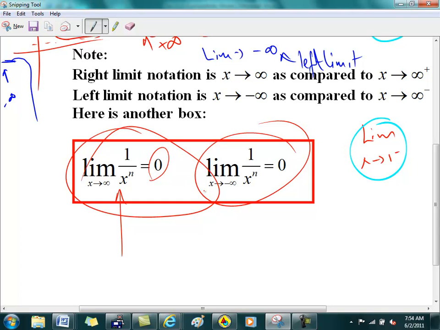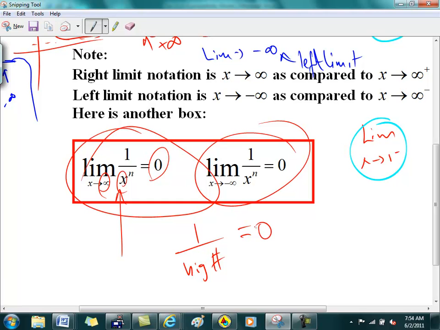Exactly. What he's saying is that if this number here, x, is going towards infinity, remember infinity is a huge number, okay? And when you've got a big number here, what do you think the result's going to be? Close to 0.